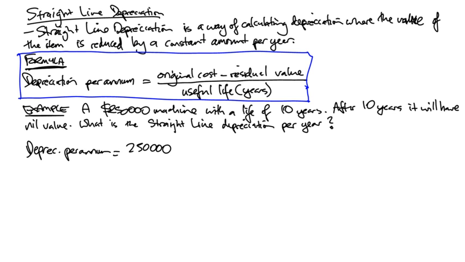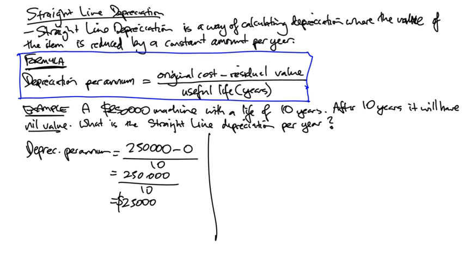What's this going to be worth after its life? 0. So 250,000 take 0, useful life of 10 years. It's going to be 250,000 divided by 10. It's going to be $25,000 depreciation per annum. So the price of it is going down by $25,000 per year.